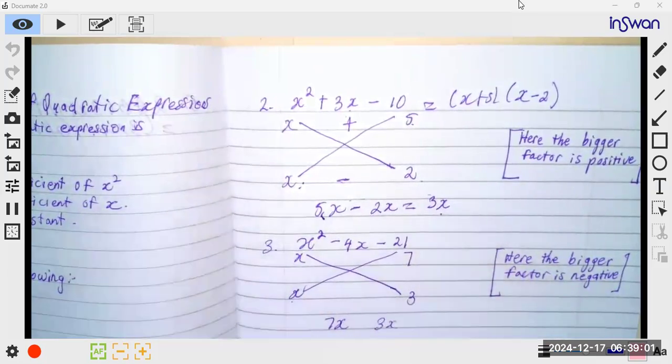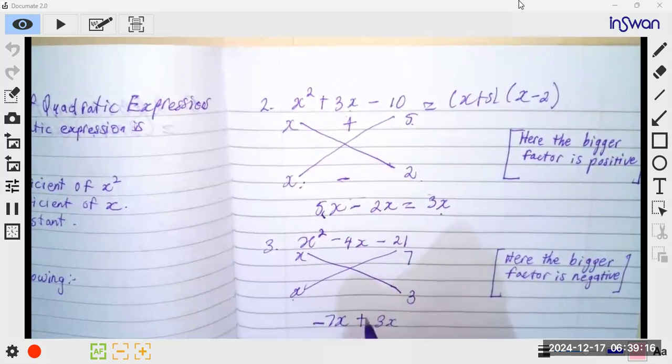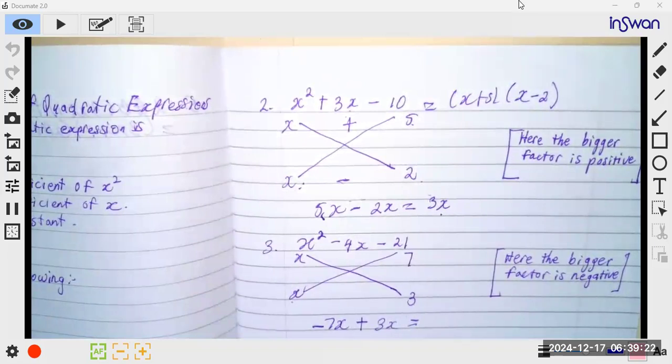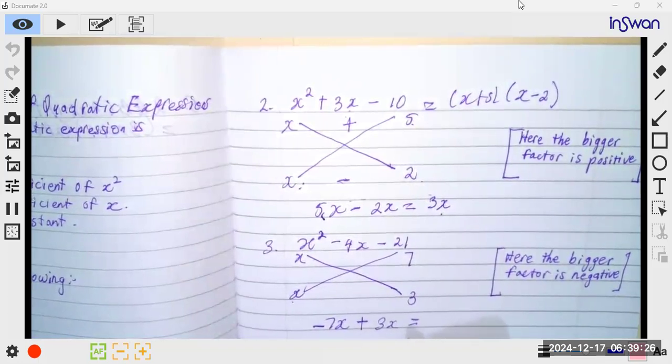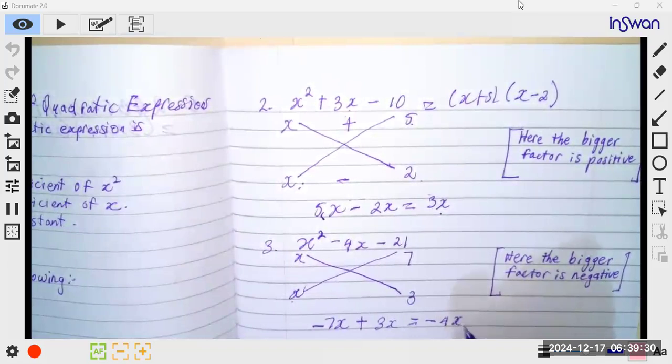Which is the bigger factor, the 7x or the 3x? 7x. So the 7x will become negative, whereas the 3x will be positive. And we want negative 4x because negative 7 plus 3 will give us negative 4x.